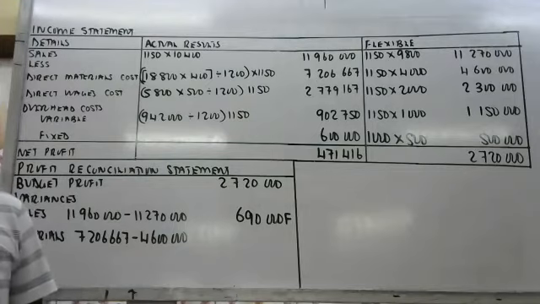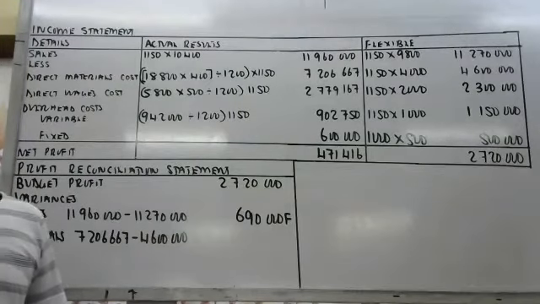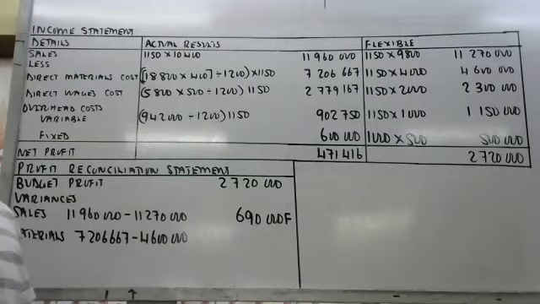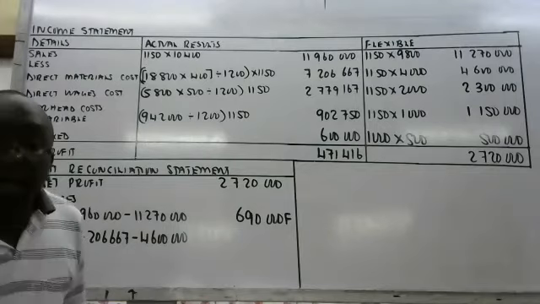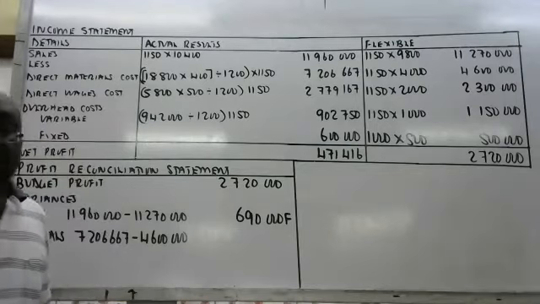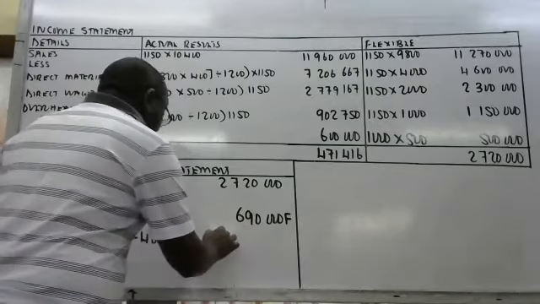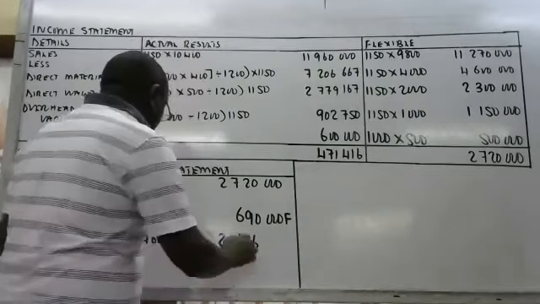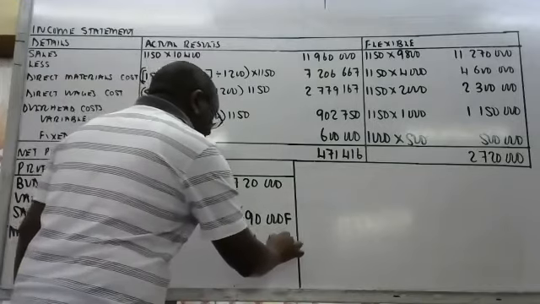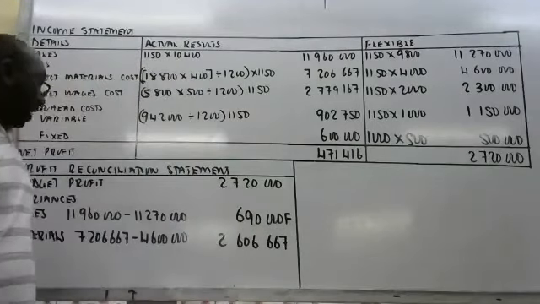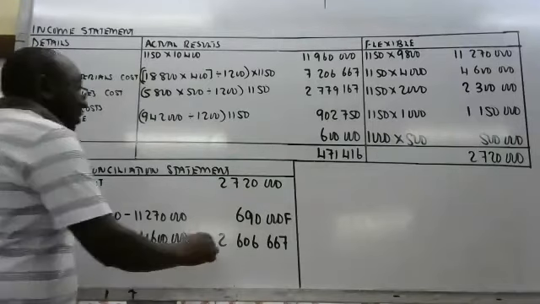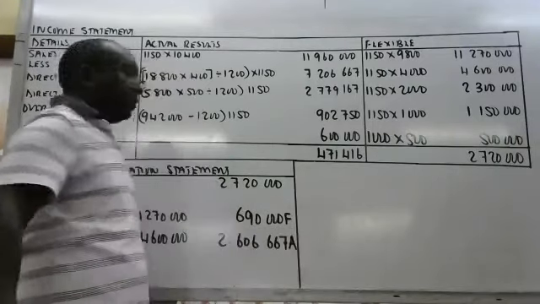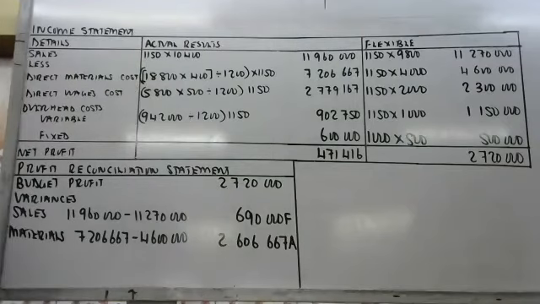The answer is 2,606,667. And this one, because you can see the actual is bigger, this is adverse. It is adverse because the actual is way higher than the budget.